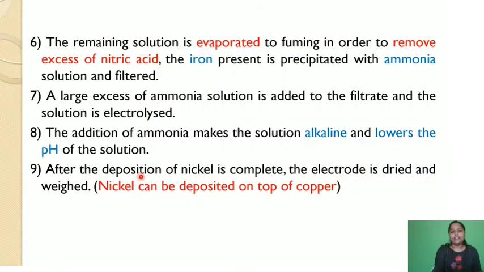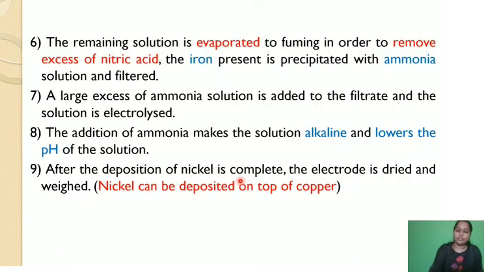Here nickel is deposited on top of the copper. In the first step, copper is deposited on the cathode, and in the second step, nickel is deposited on top of the copper. So from the gain in weight of the electrode, we can determine the amount of nickel present in the sample.